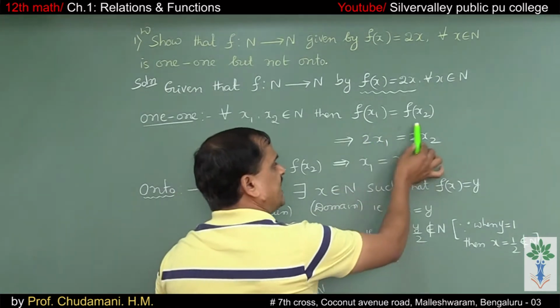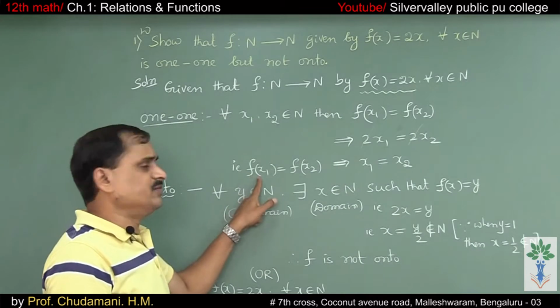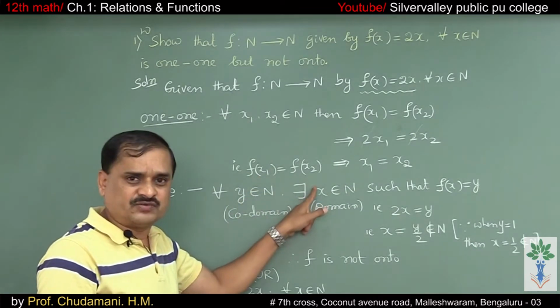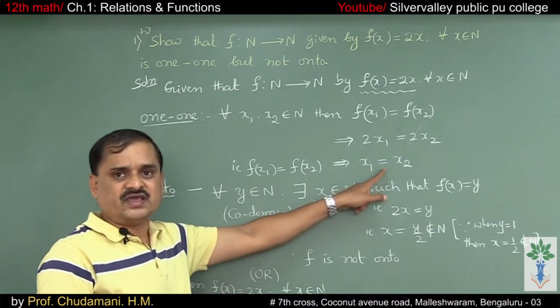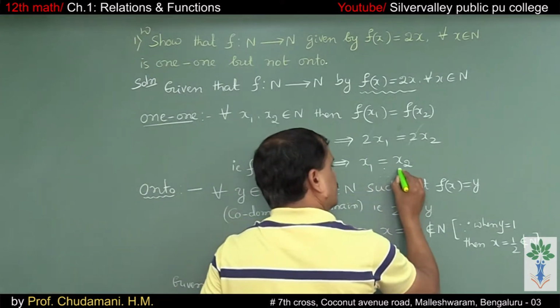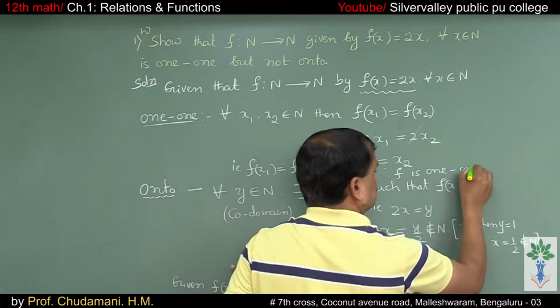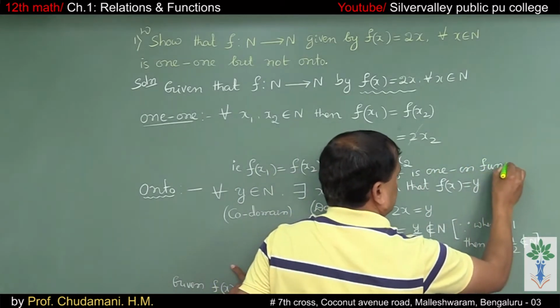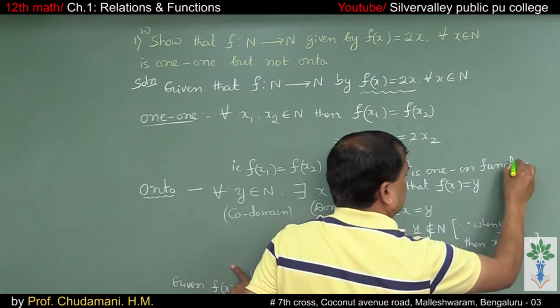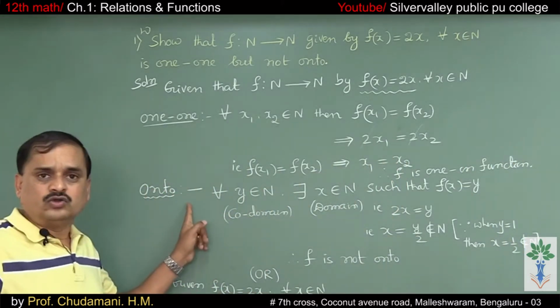The 2 gets cancelled, we are left with x1 is equal to x2. That means f of x1 equals f of x2 implies x1 is equal to x2. So therefore f is one-one.